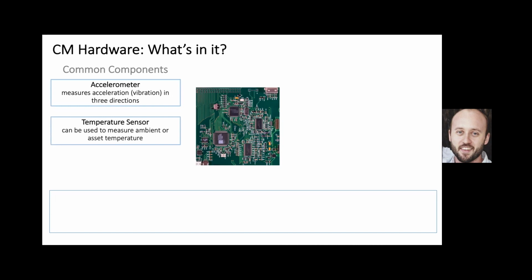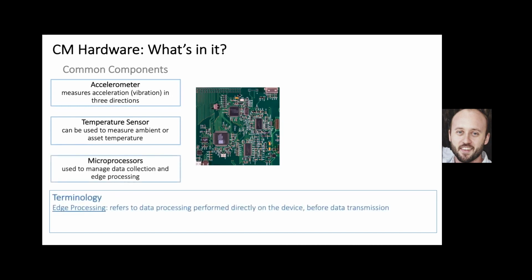A temperature sensor will oftentimes supplement that and is very helpful. As you may know, when a motor, for instance, is running incorrectly or you're starting to get excessive bearing wear, you could have a temperature spike, and that can help pick up on some of those defects as well.